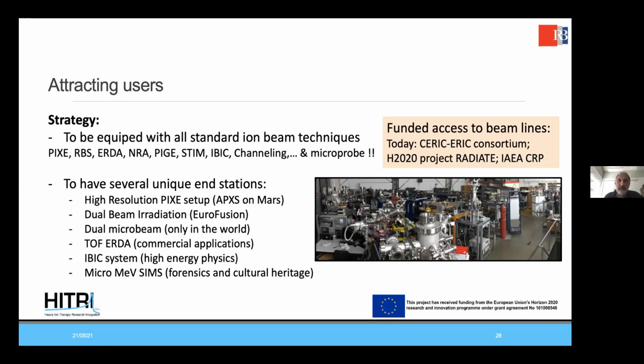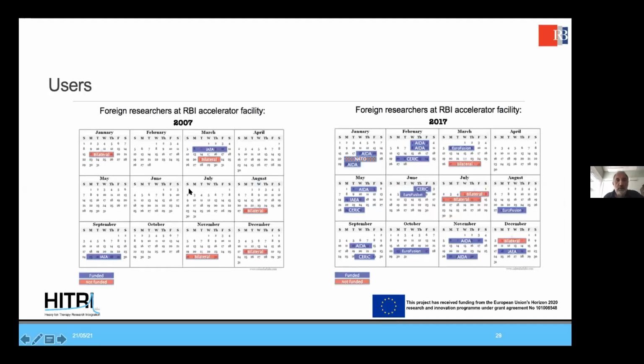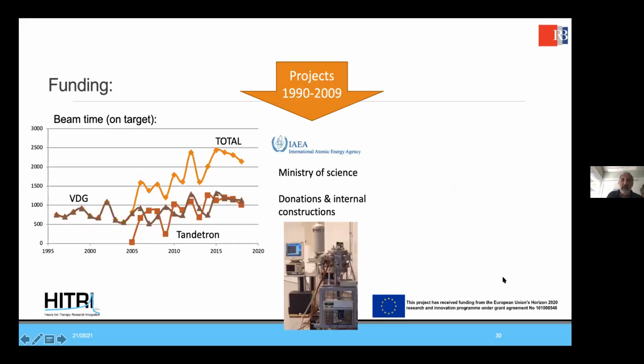So you can, for instance, see the situation of foreign researchers, visitors in 2007. There are just a few during the year. In 2017, we have a visitor from abroad every second week. All these blue were paid by some projects. And what happened because of that, the utilization of the beamline rose from, let's say, 700 hours to now 2,500 hours per year.